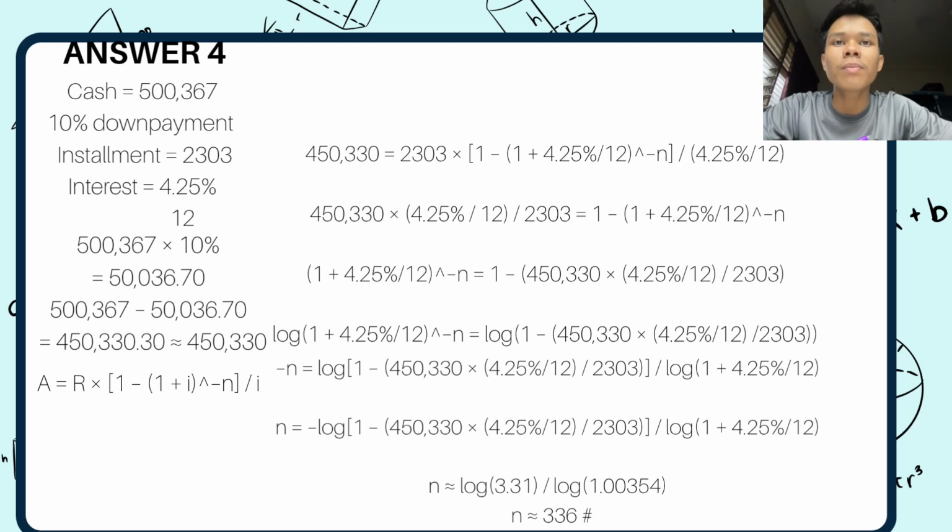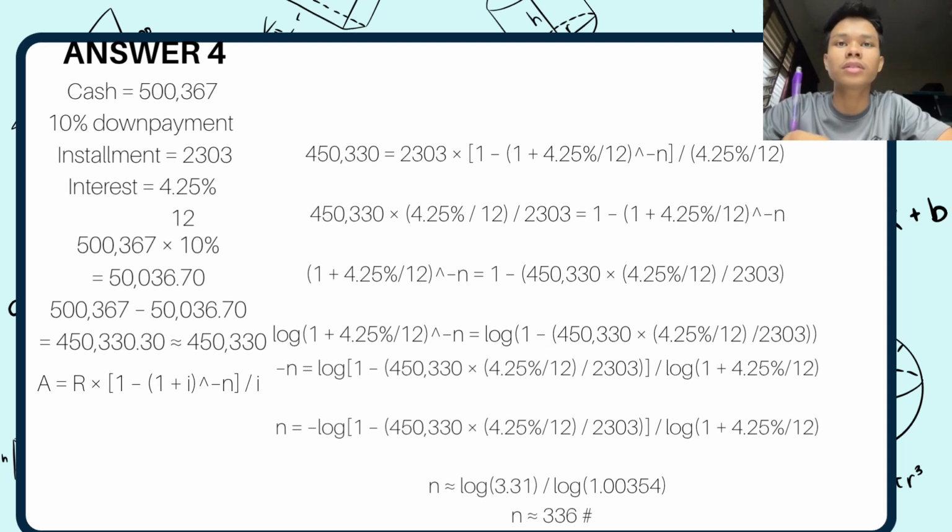So the bracket 1 plus 4.25% over 12 bracket to the power of negative n equal 1 minus bracket 450,330 multiply 4.25% over 12 bracket over 2,303.